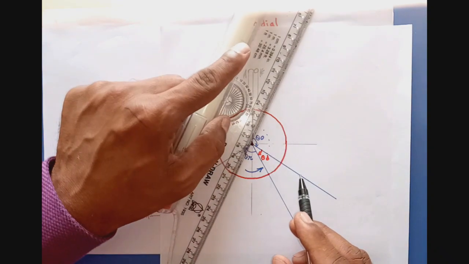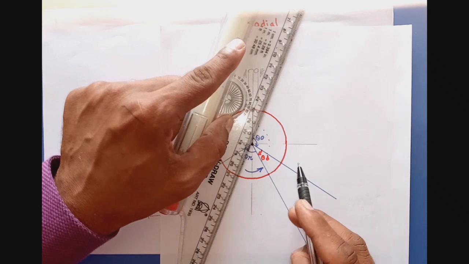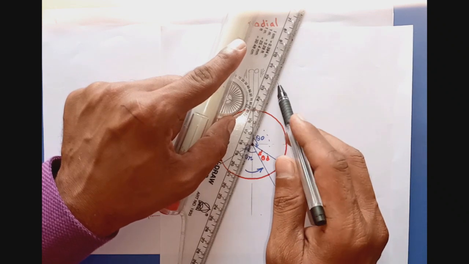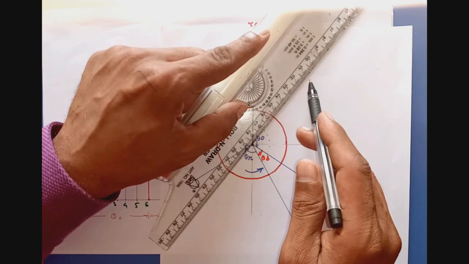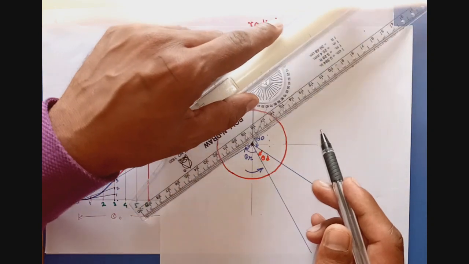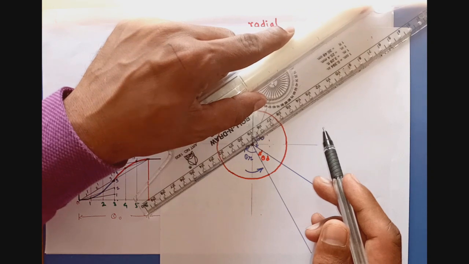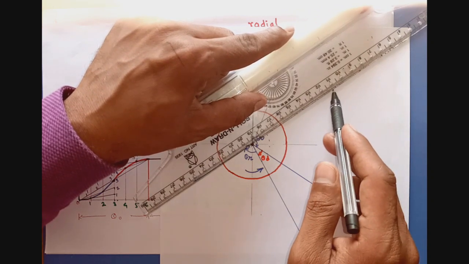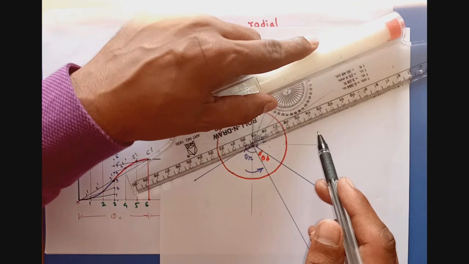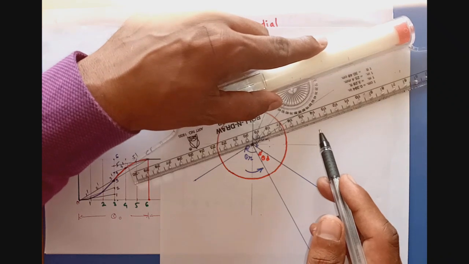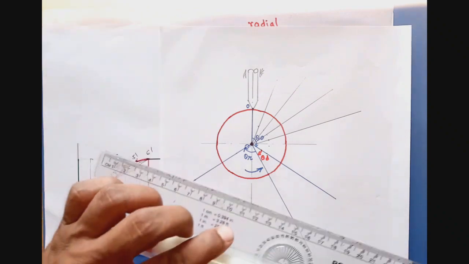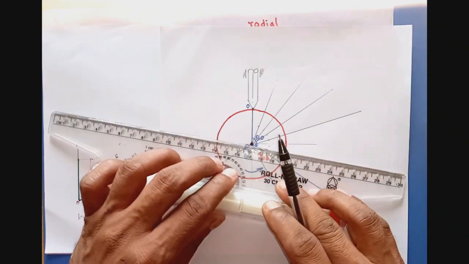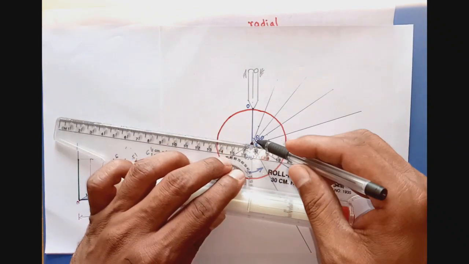So I will draw the radial lines passing through these divisions. This is 1, 2, this is 3, this is 4, and this one is 5.